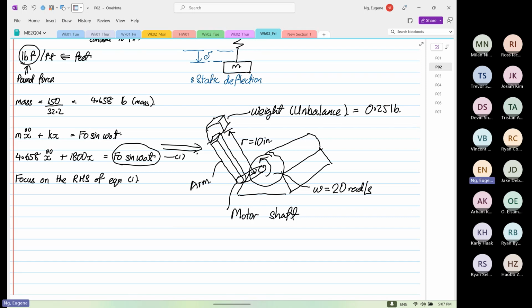Okay. So from here, we are going to determine our F naught sine omega naught t. Let's do the easy part first.